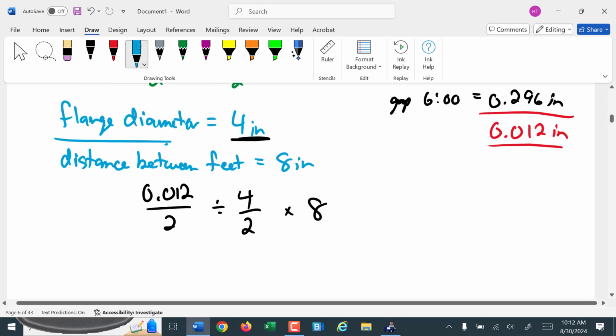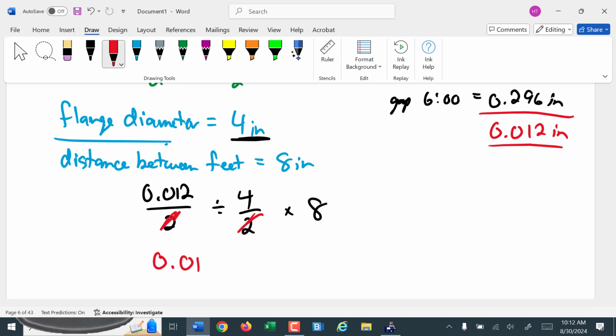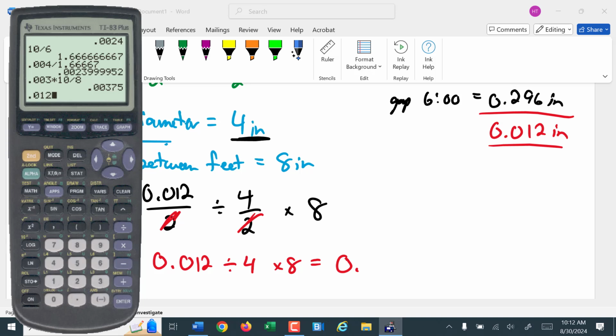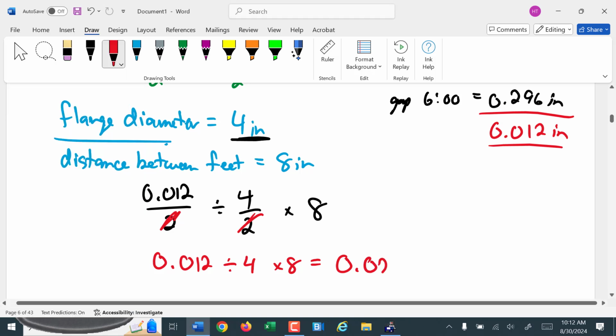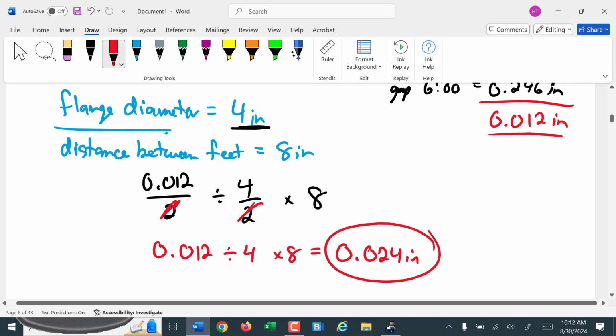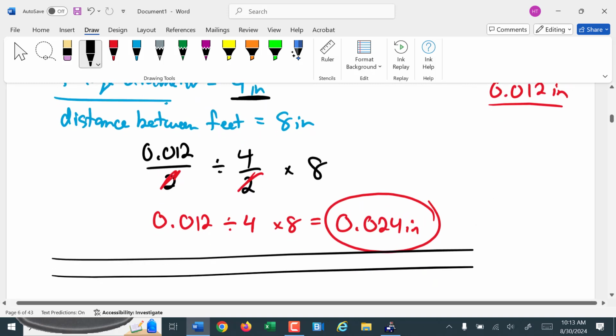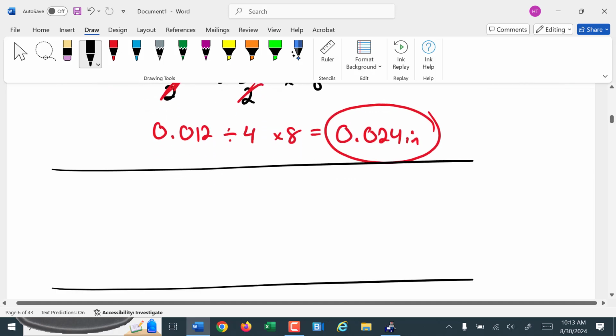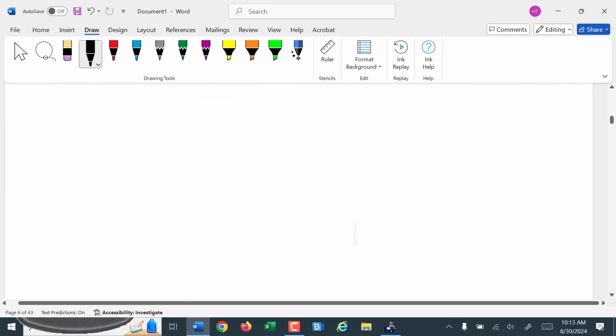Well, it's the 0.012 over 2 divided by the diameter, which is 4 over 2, times the 8. Now again, I'm going to shorten this formula for you. These 2's cancel out. So it's really just the 0.012 divided by 4 times 8, which ends up being what? There you go. 24 thousandths, 0.024.